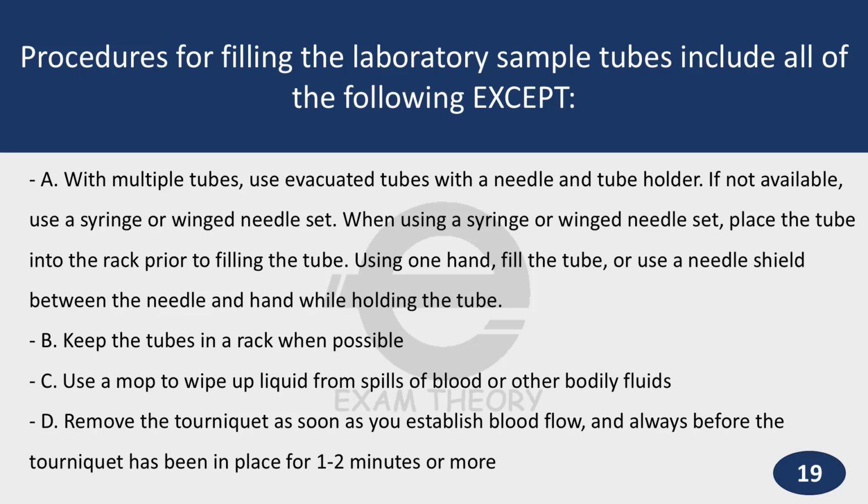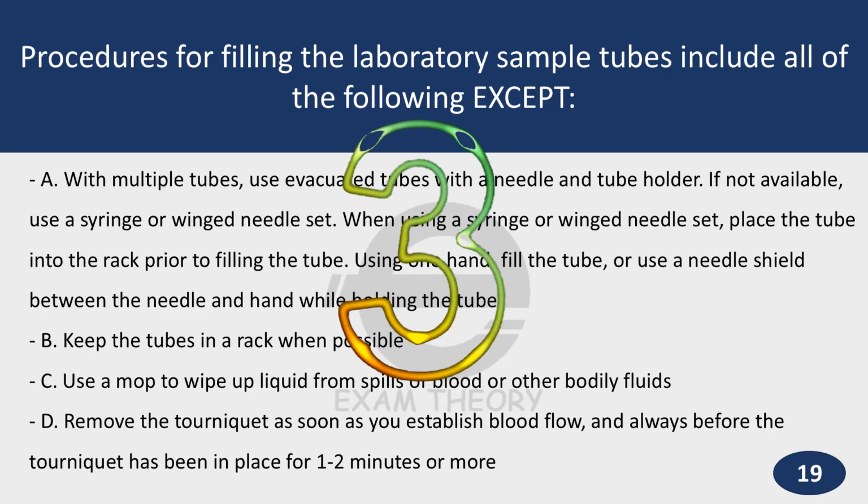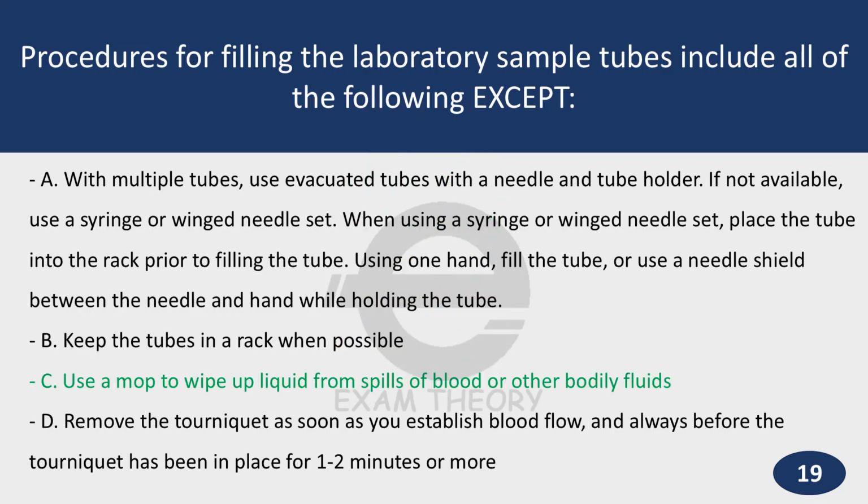B. Keep the tubes in a rack when possible. C. Use a mop to wipe up liquid from spills of blood or other bodily fluids. D. Remove the tourniquet as soon as you establish blood flow, and always before the tourniquet has been in place for 1 to 2 minutes or more. The correct answer is C.